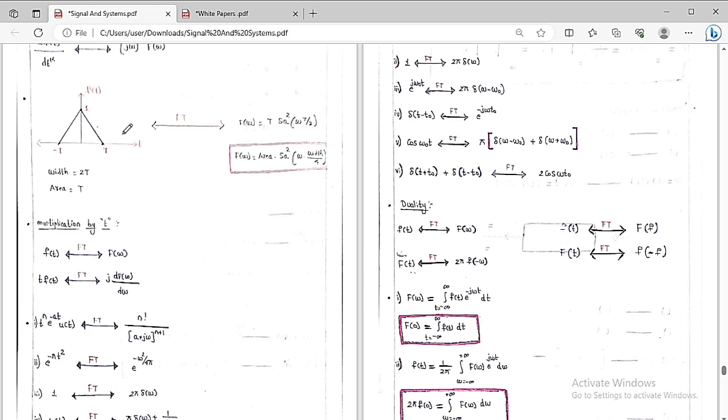In the case of a rectangular pulse, the Fourier transform is area into Sa of omega into width by 2. In the case of a triangular pulse, the Fourier transform is area into Sa square of omega into width by 4. So these things you always have to keep in mind.